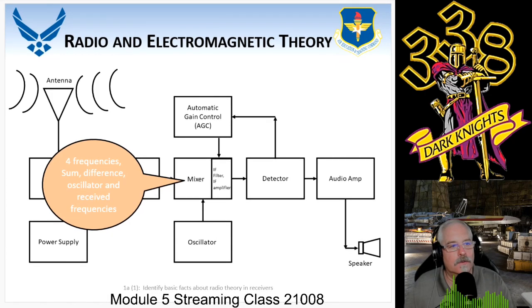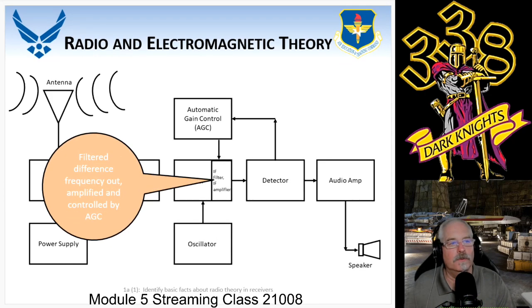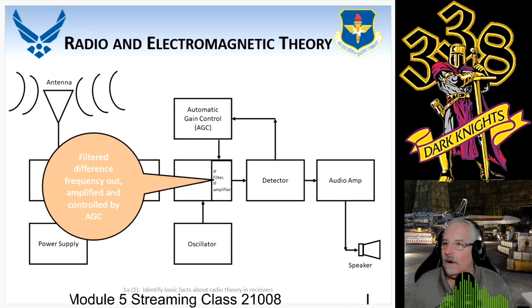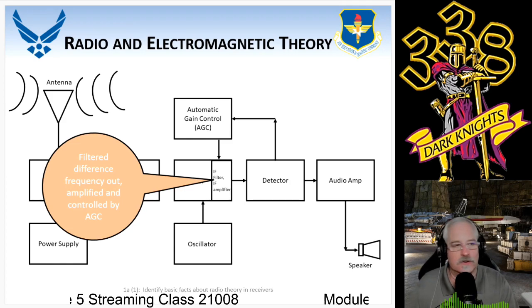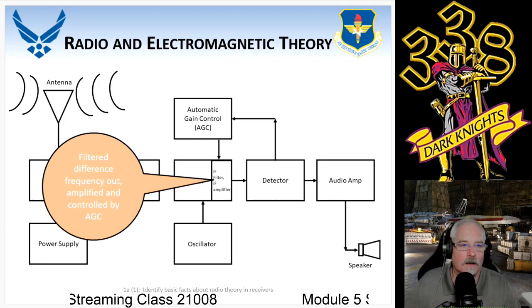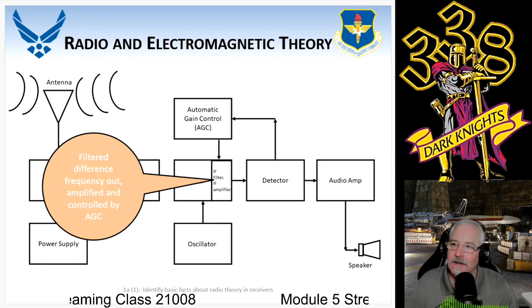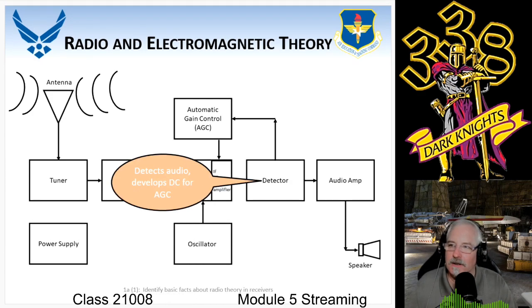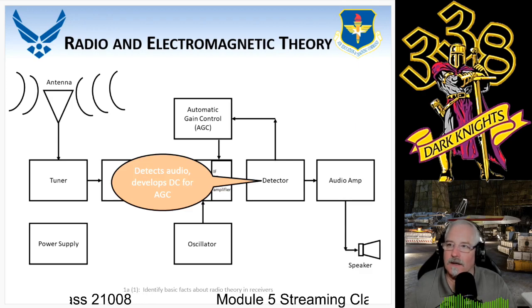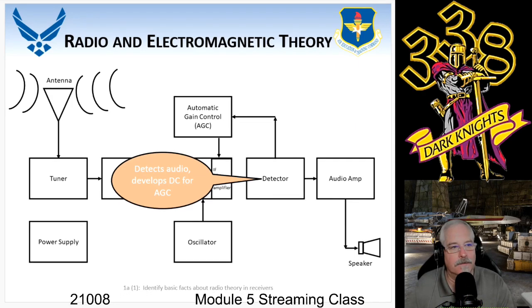Then we're going to go through the filter and IF amplifier because it's part of that mixer. In some instances, it is broken down into a separate module. Again, it's controlled by AGC because when it gets to the detector, it's going to give us a representation of the signal strength to send up to AGC.